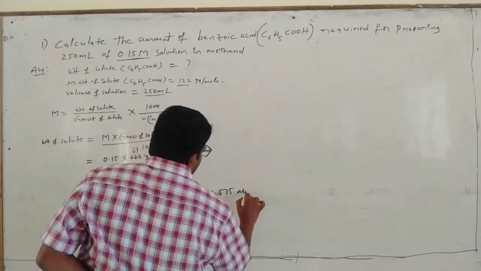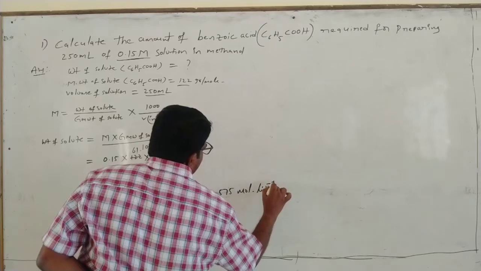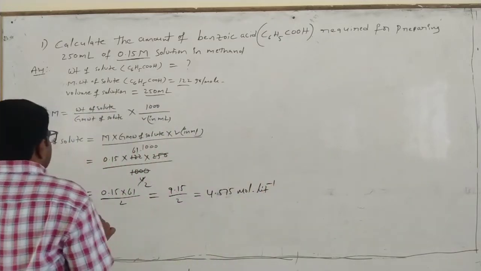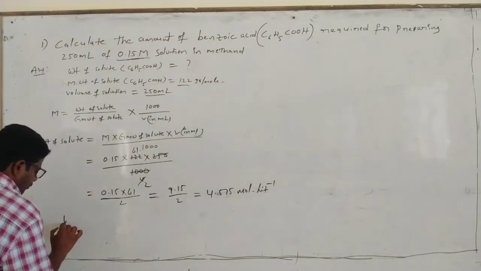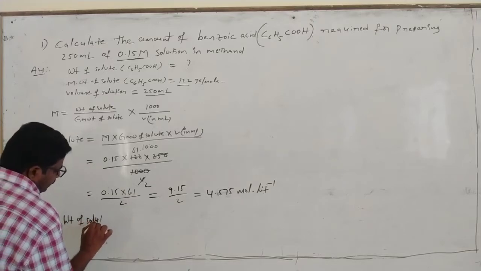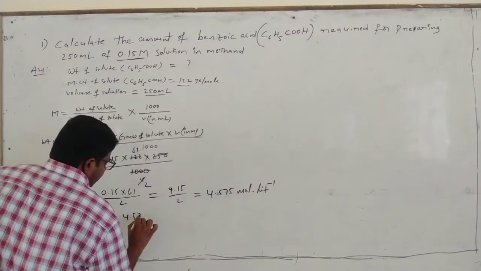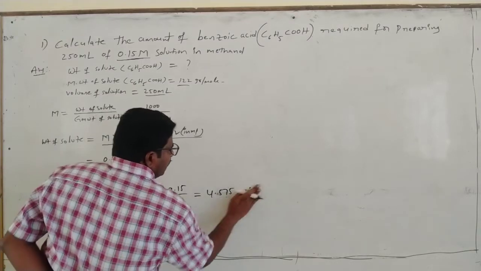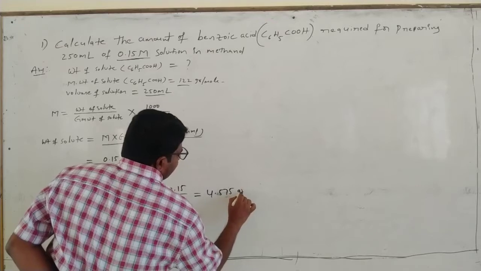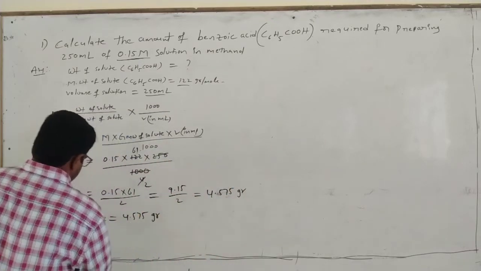That is moles per liter inverse. So now weight of solute is equal to how much? 4.575 grams. Now we have to calculate the weight, that is grams.